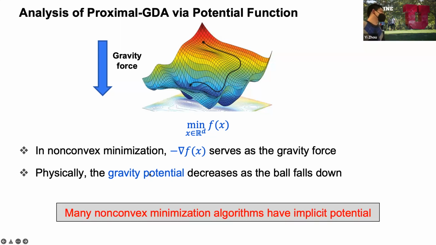And actually, we can show that for many minimization algorithms, they do have an implicit potential function that decreases along the optimization path. It may or may not be the function value, depending on the specific algorithm.